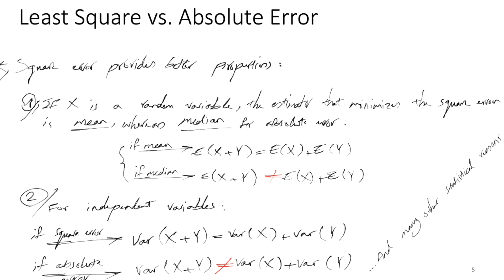All right, so let's see how we're going to minimize that E of n, that we call the in-sample error, with least squares.